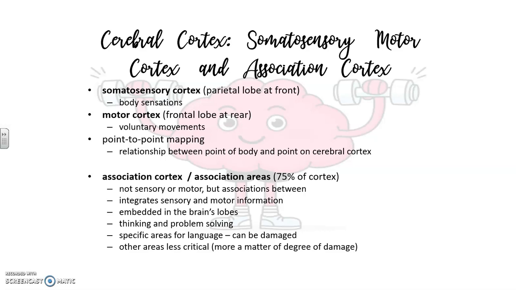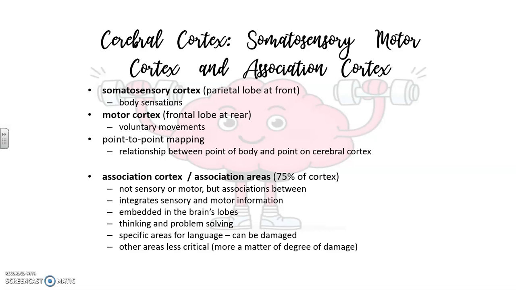Within the cerebral cortex, we have the somatosensory motor cortex and the association cortex. The somatosensory cortex is within the parietal lobe towards the front, and it deals with body sensations.